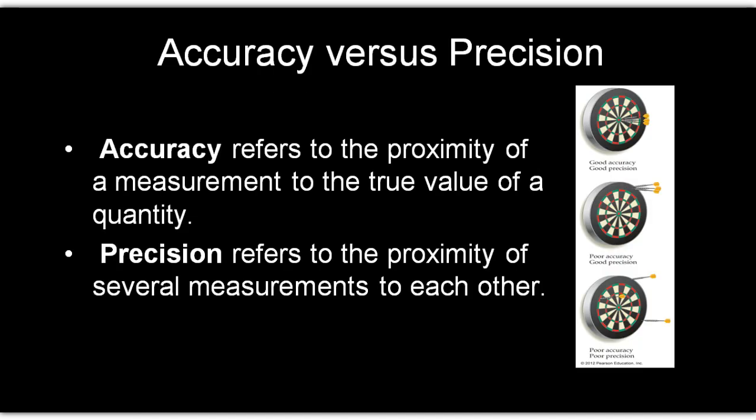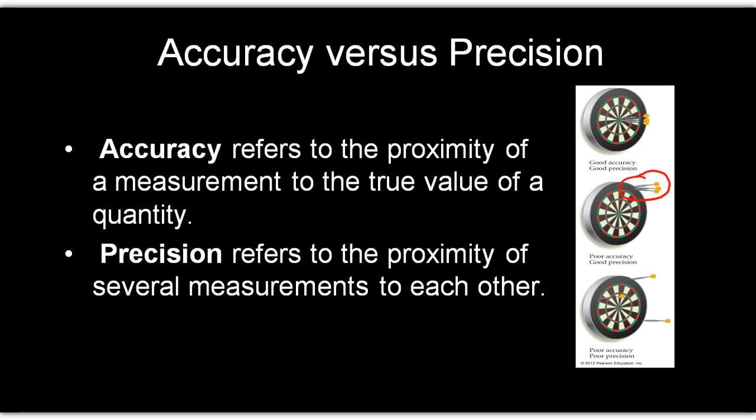Precision and accuracy. Precision means you've grouped your measurements together really well, but you could have terrible accuracy. So in this scenario here, this person's a great shot, but they missed every time. And just because you're accurate doesn't necessarily mean you did a good job.